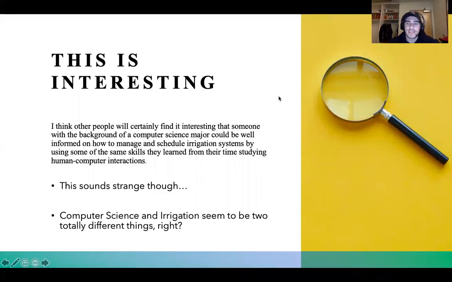So what is so interesting about my paper? Okay, I think you could find it very interesting, or anybody reading my paper could find it interesting, that someone like me with a background of a major in computer science would be able to know or figure out how to schedule irrigation systems. And it's kind of simple, actually. Originally it sounds kind of strange how these two, my major and this topic, could connect, but really it's quite simple.